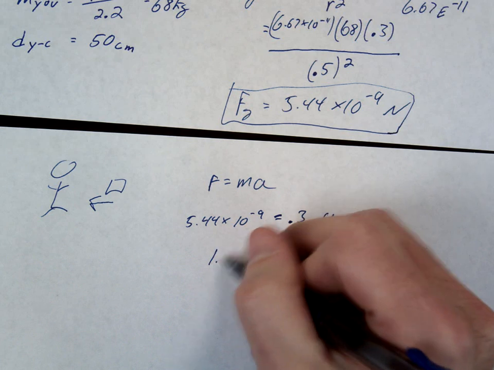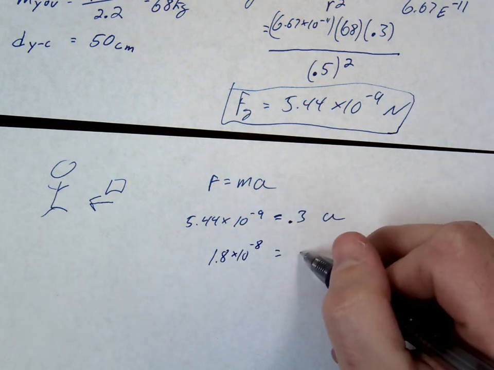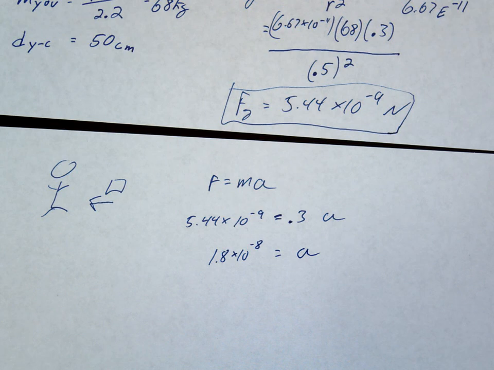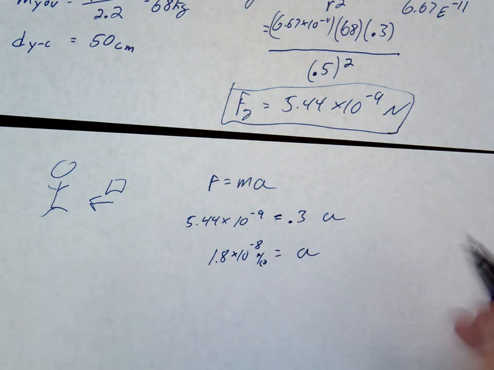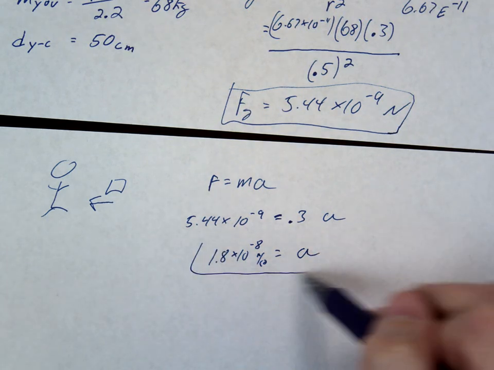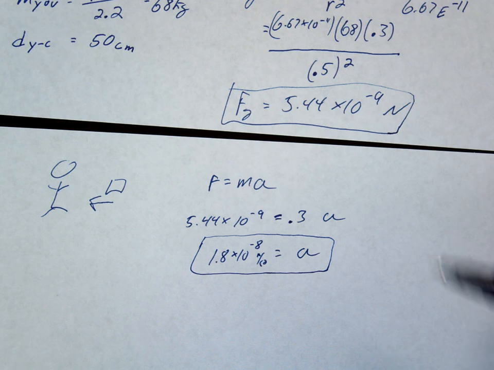But notice what's true about this acceleration. It's a small number. So 1.8 times 10 to the negative 8 meters per second squared. Okay, so why are they afraid of floating away?